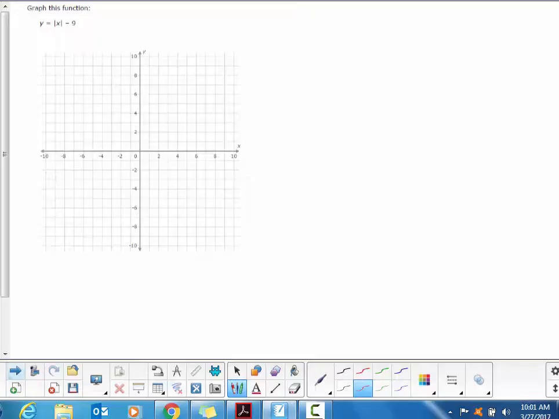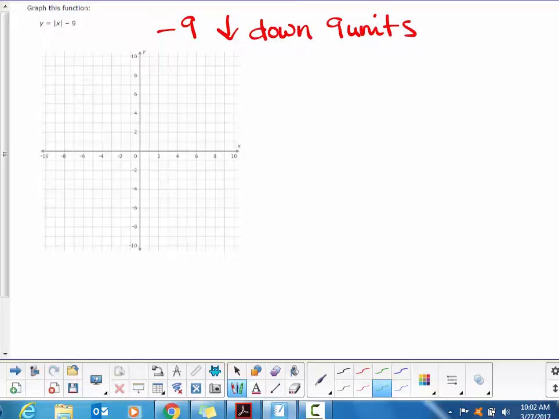The next one. So this graph is going to have a vertical shift.